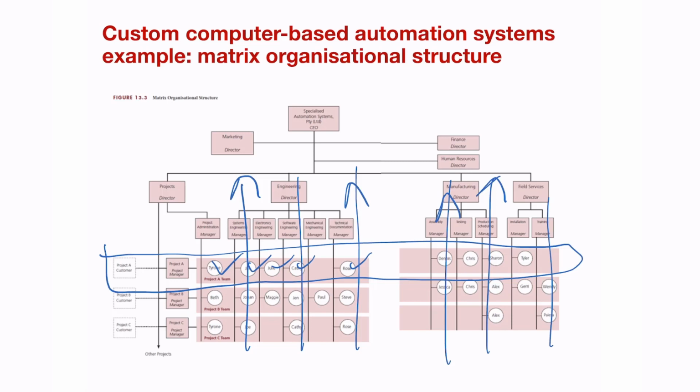For that particular project, those people work both on the team, but they also do their day-to-day work as part of their function. In most organizations that run projects, but also have a day-to-day workflow, this structure works for them.